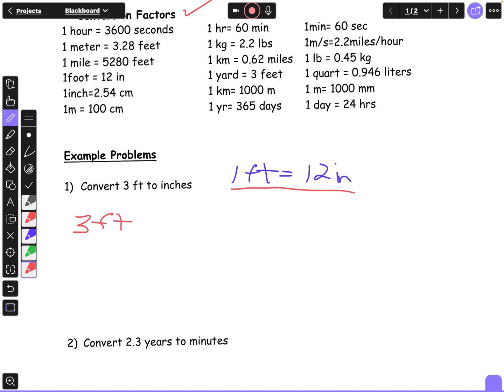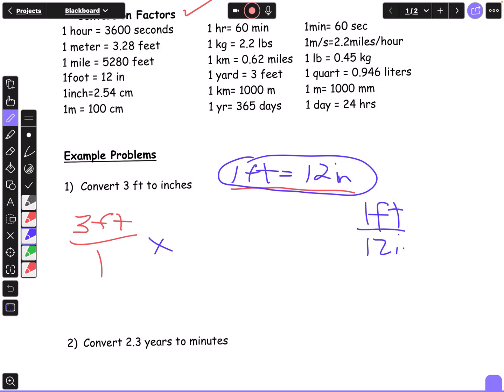Okay, I'm going to write that. And to make it simple, I'm going to put that over 1. And then I'm going to multiply by my conversion factor right here. Now, when I multiply by this conversion factor, I can either do it like this. I can multiply 1 foot over 12 inches or 12 inches over 1 foot.